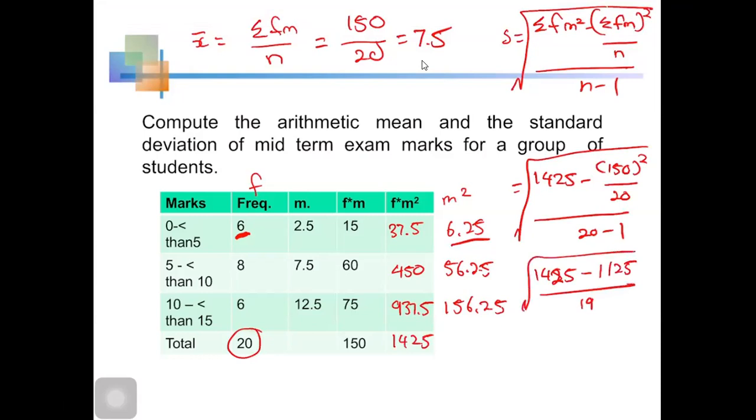So 1425 minus 1125 is 300, divided by 19 is 15.79. Square root will give 3.97. So this is your answer for standard deviation.